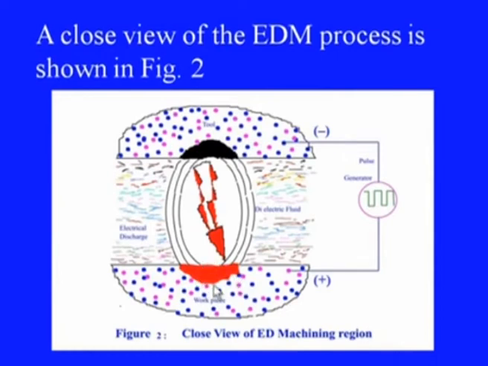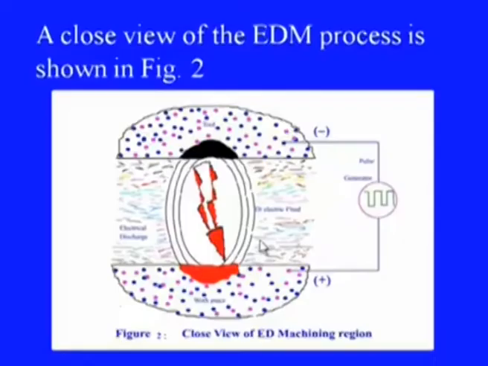This melted and evaporated material getting dislodged from this zone, and as this dielectric will be kept on flowing continuously, this flowing dielectric will quickly carry away this molten material as debris. Of course, there are some other phenomena that take place here. Some of the molten materials or semi molten material gets stuck to this tool surface also, that we will see in the latter part of this session.